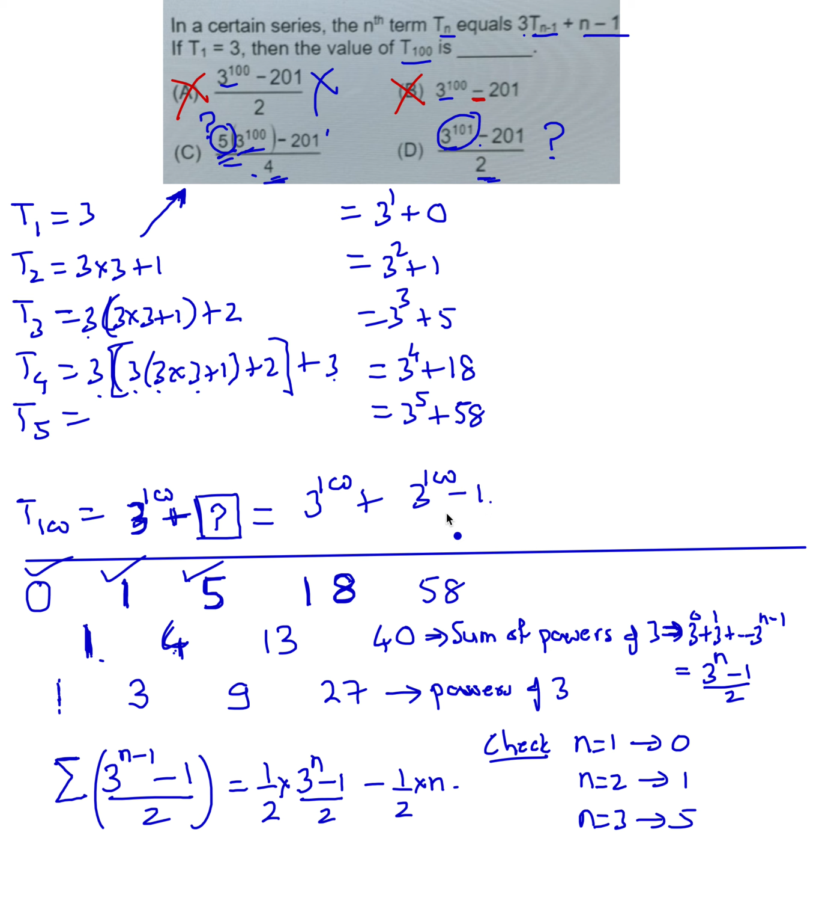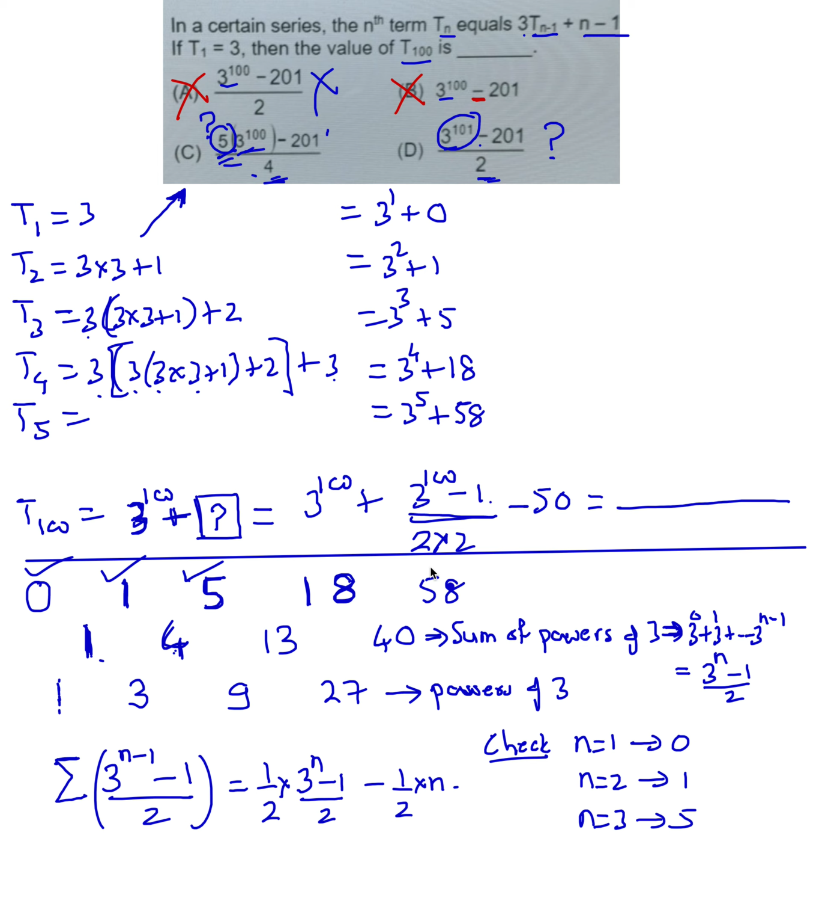Put n as 100, so I'm going to get 3 raised to 100 minus 1, okay, by 2, sorry, 2 into 2. Okay, minus of, put n as 100, we said, right? 100 by 2, which is 50. And now it is a very easy task. So you'll take the LCM. Sorry, did I do the divide by 2?